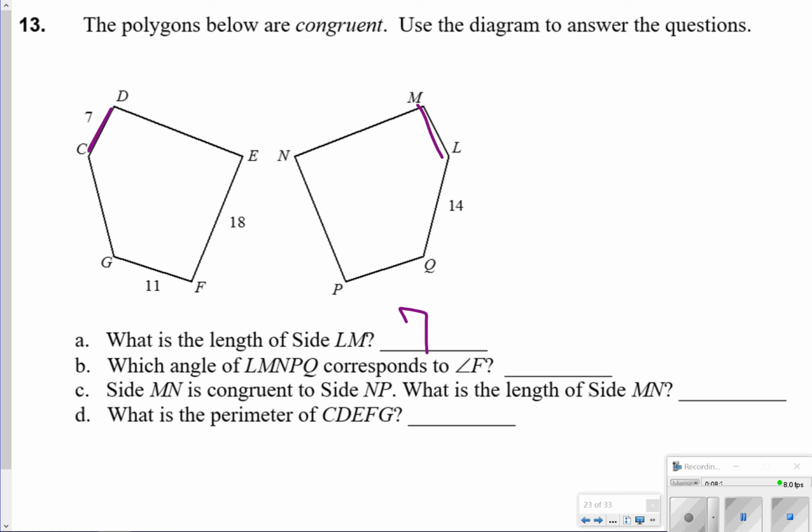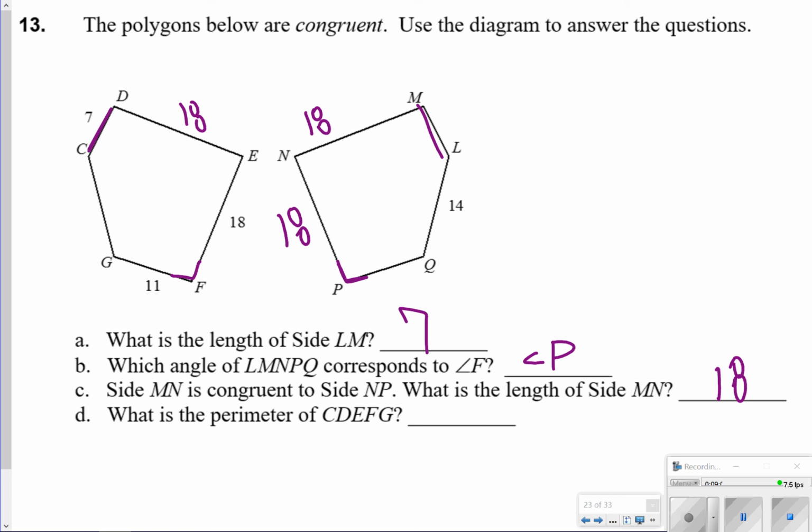The angle corresponding to angle F is going to be angle P. Here's angle F, here's angle P. The side MN is congruent to side NP. What is the length of MN? If I look over here, MN is congruent to DE, and that means DE is congruent to EF. So all of these sides are going to be equal to 18.